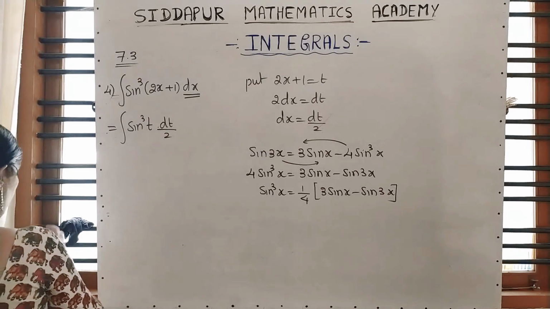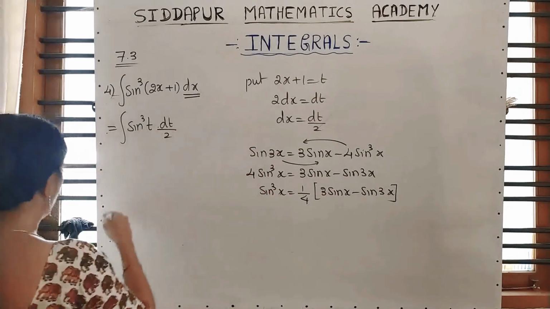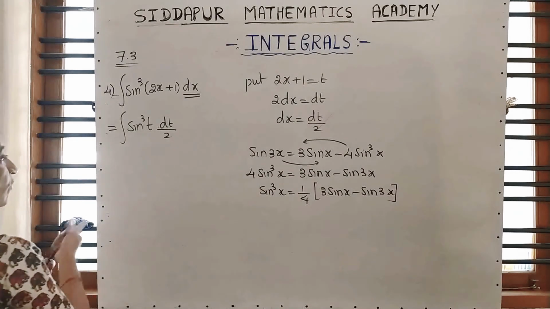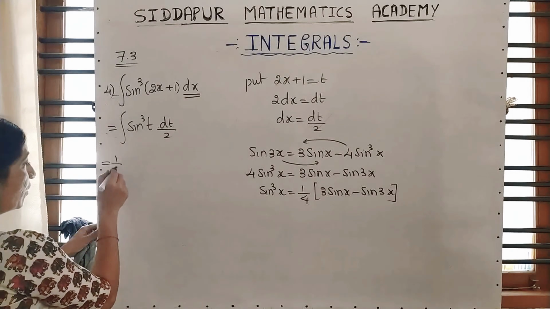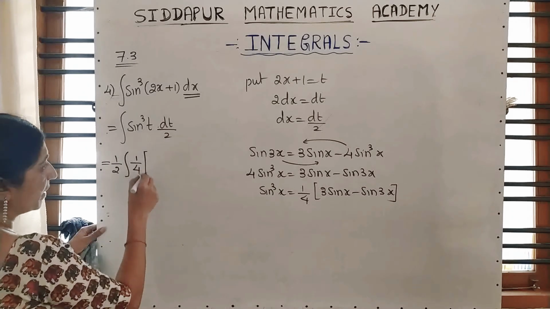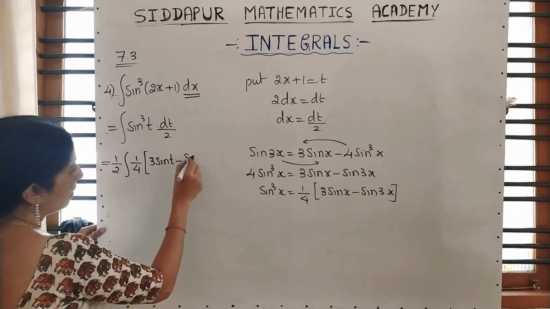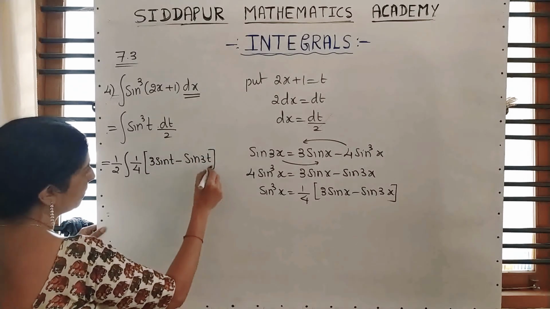That means when you observe these two, instead of x we have t here. So write down the problem in the form of t. 1 by 2 outside, integration of 1 by 4 in the bracket 3 sin t minus sin 3t.